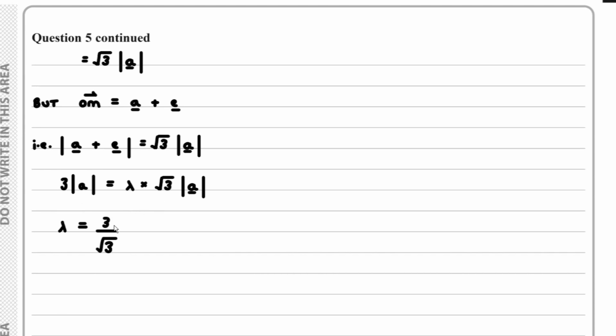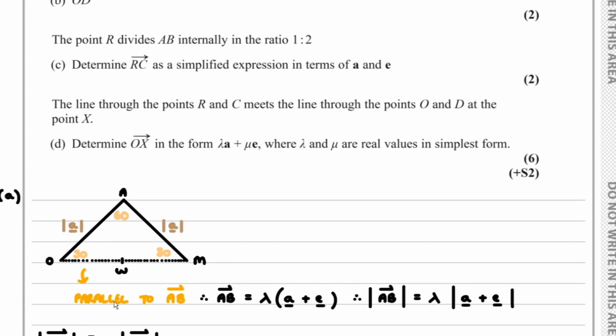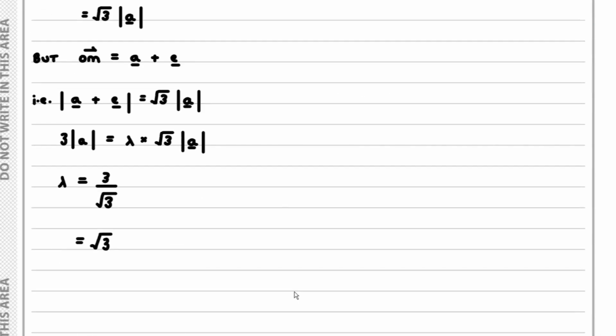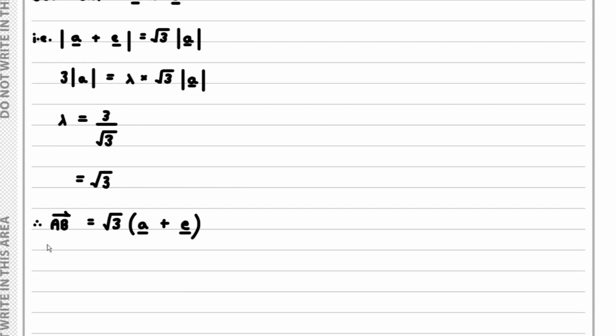So lambda is equal to 3 over root 3, which is root 3. And knowing that, we can then state what AB is. AB will equal root 3 times by A plus E. And this is of course equal to ED.